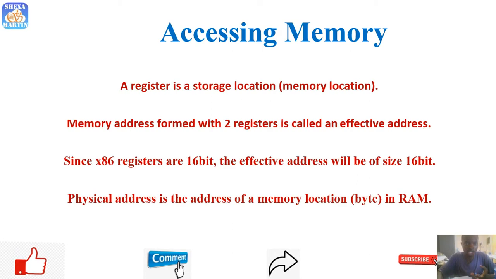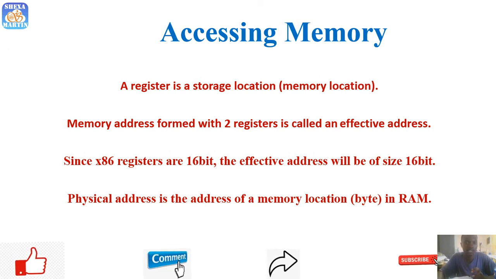Right, let's now talk about other things that are very important and directly related to how one accesses memory. A register is a storage location. Like I said previously, a variable is a named storage location, and now I'm saying a register is a storage location as well. A memory address formed with two registers is called an effective address.